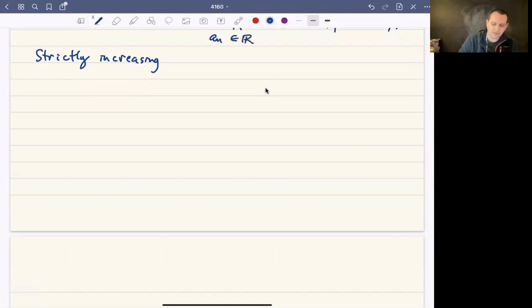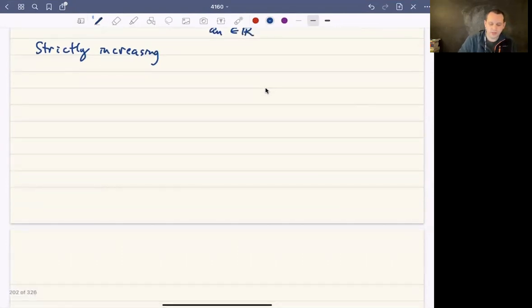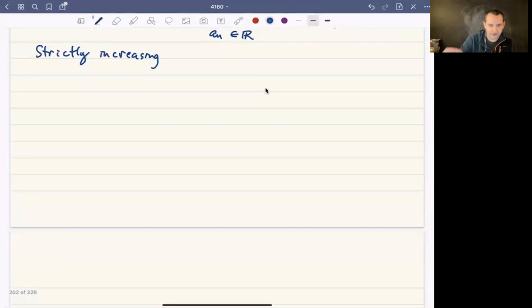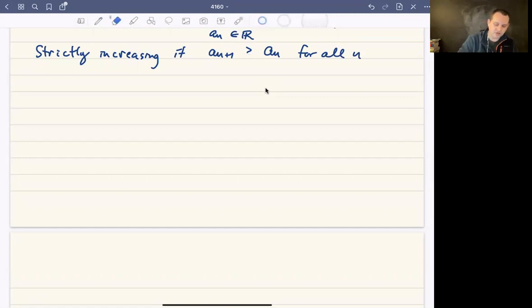You cannot talk about inequalities with complex numbers. But a real valued sequence a sub n is strictly increasing if a sub n plus 1 is greater than or equal to a sub n for all n. So in other words, if each of the terms is getting larger and larger and larger, that's a strictly increasing sequence. And excuse me, when I say strictly, what I mean is the inequality is strict. It's strictly greater than a sub n.